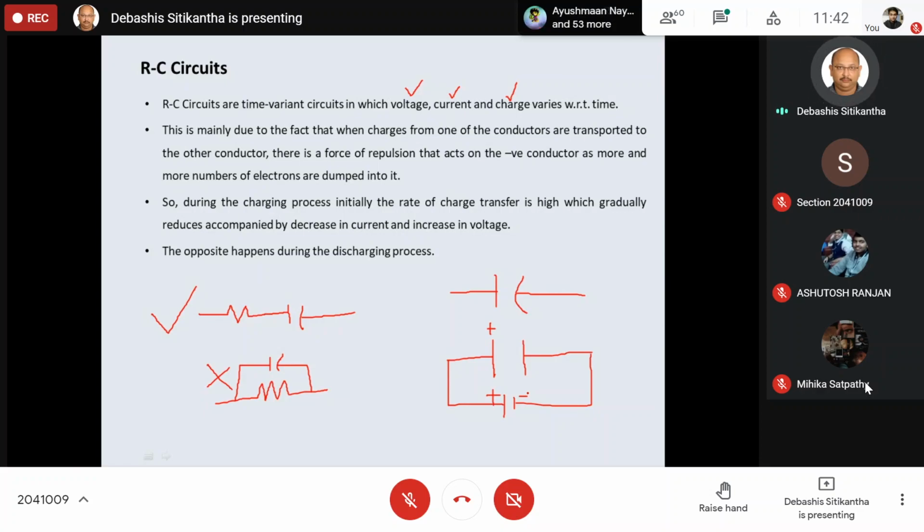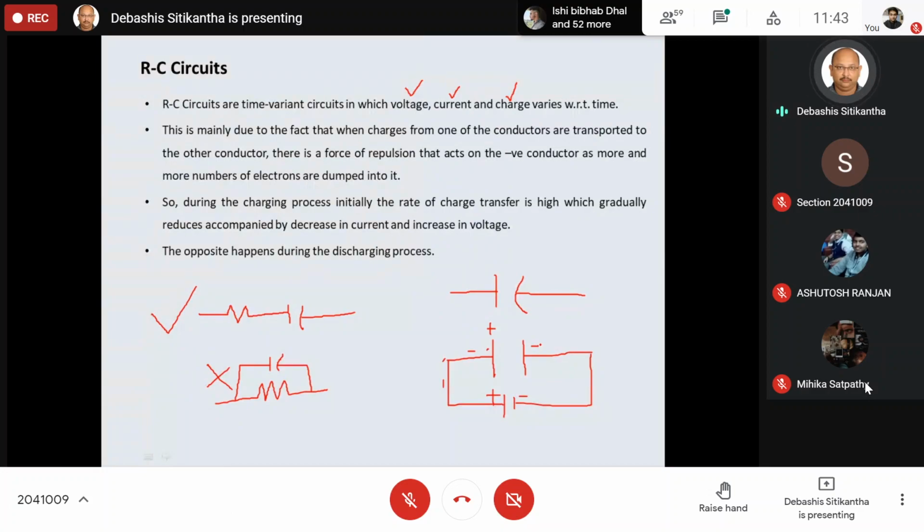What happens when the positive terminal is connected to one of the conductors? The electrons are dragged out of this surface and forced to move through the EMF source and dumped at the other conductor. Suppose for the first time, one electron moves and gets dumped over here. Well and good, there was no problem.